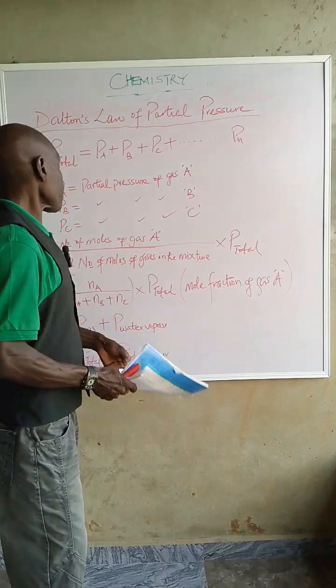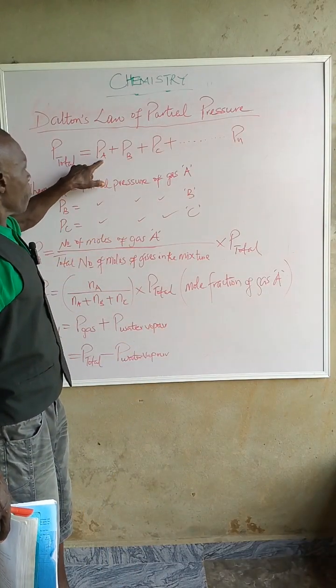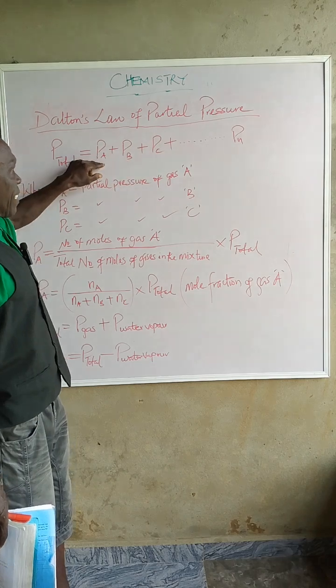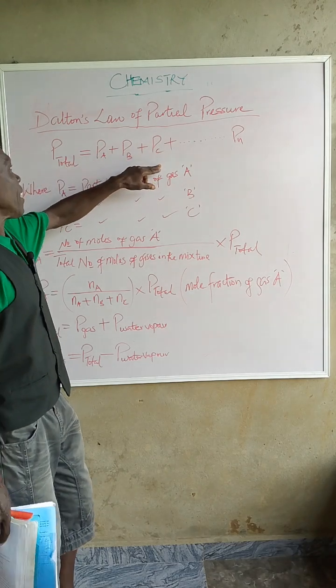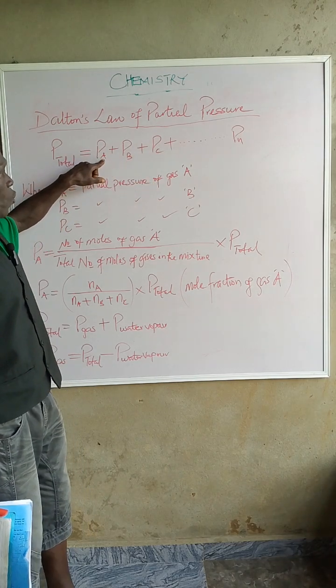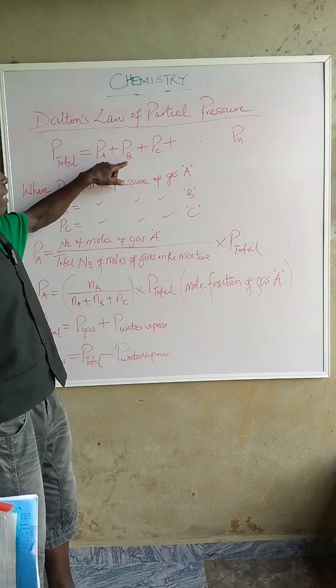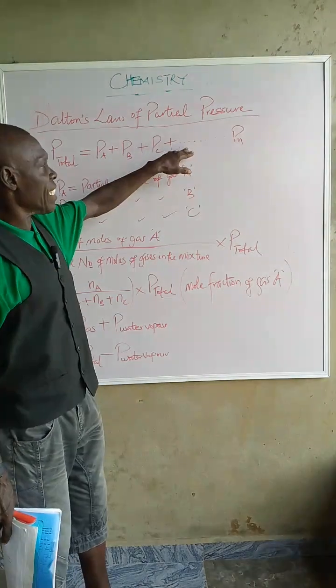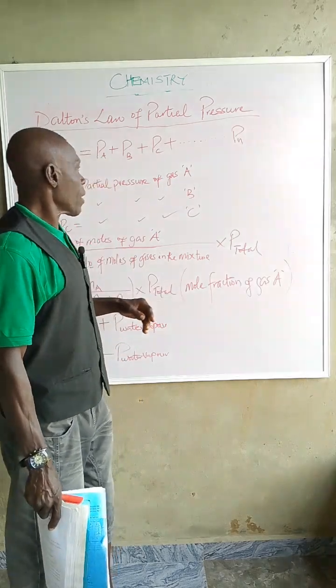Look at this here. A, B, C. These are gases. Gas A, gas B, gas C. Now, gas A exerts a pressure. Gas B will exert a pressure. Gas C will exert a pressure. Gas D, E can continue.